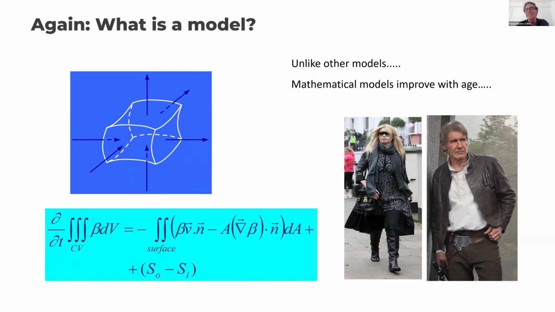This is just a joke, but to tell you that whenever you hear about a brand new model, be suspicious of it. It must pass the proof of age, because it must be used many, many times for the errors to be detected, and for the parameters and the way the equations are solved to be improved. So usually old models are better than new models.